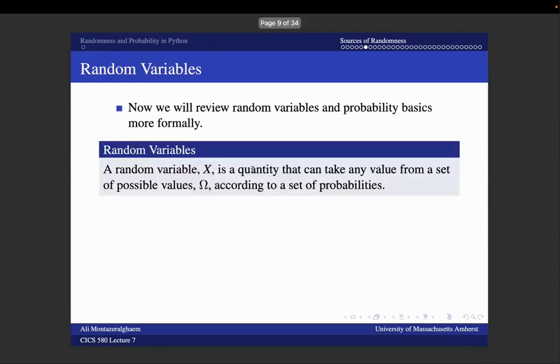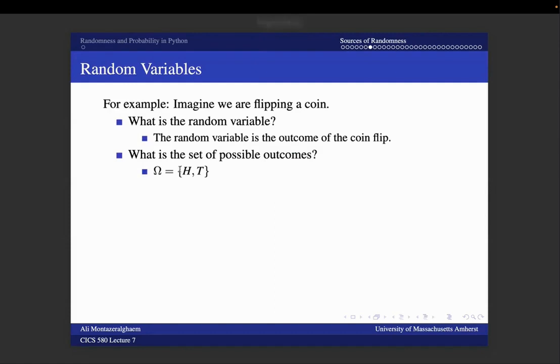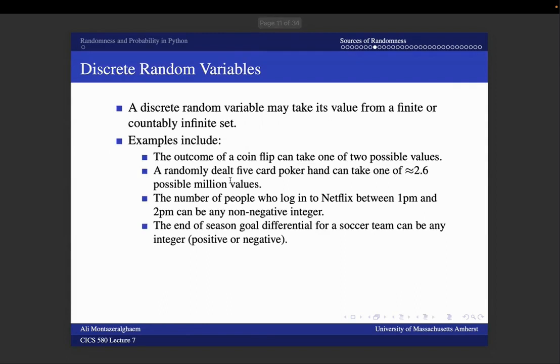And also, as you noticed, we have a set of probabilities for the outcomes, which can be 0.5 for the head if we have a fair coin, and 0.5 for the tail.